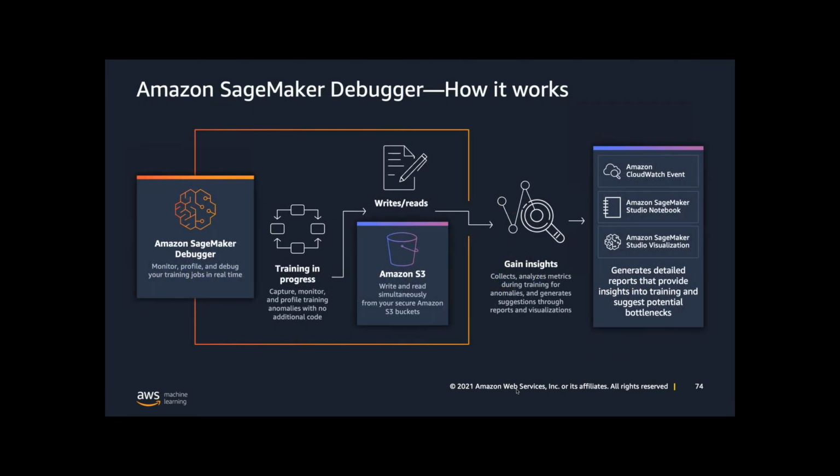This helps you visualize how Debugger works, giving you insights into the training process and taking action through a detailed report, highlighting those bottlenecks and helping you speed up your training process.